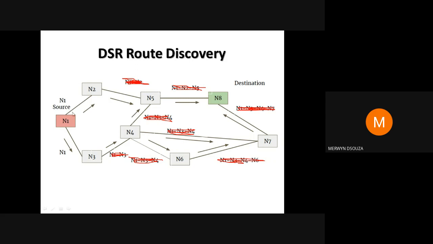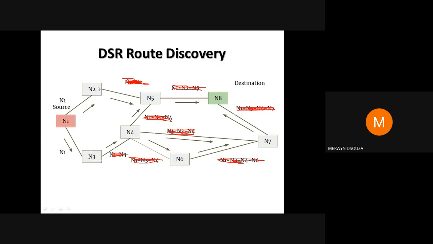In the route request packet, for our example, to simplify, assume that it is sending its own name to its neighbors. Now remember, the nodes are not connected the way it is shown here, but it is just to show you what the direct neighbors are. Looking at these links, you can make out which are the neighbors of N1. So it will broadcast a packet containing its name to its neighbors.